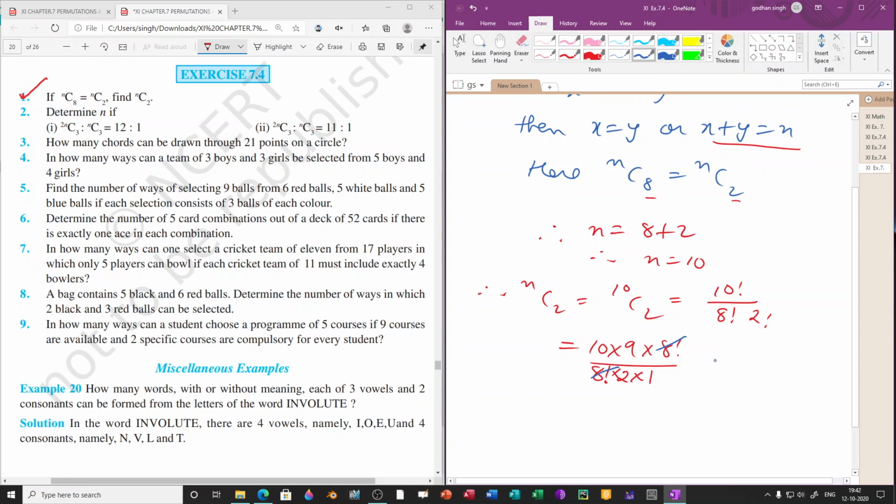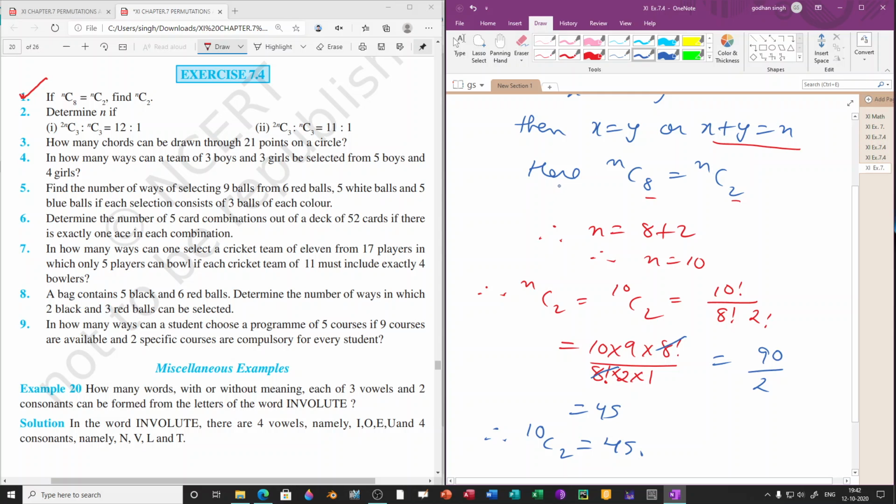So what we are going to get is 90 over 2, and that is equal to 45. So therefore we can say that 10C2 is equal to 45. So this is the answer of question number 1, exercise 7.4.